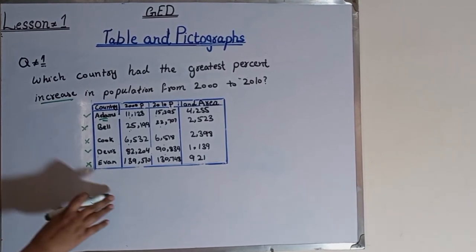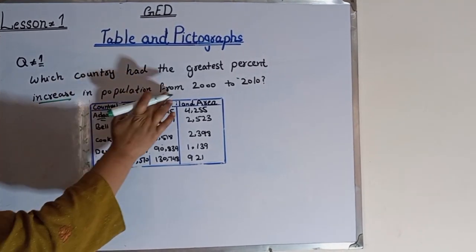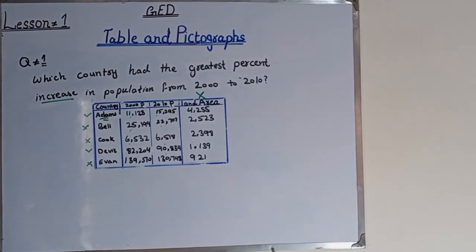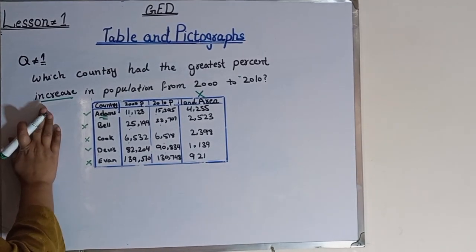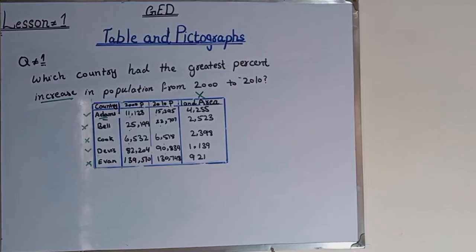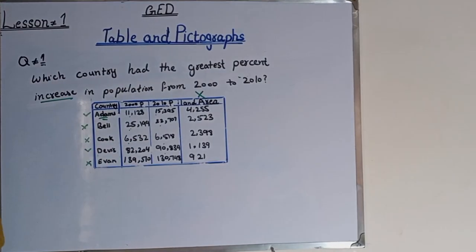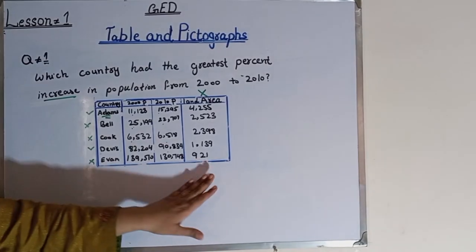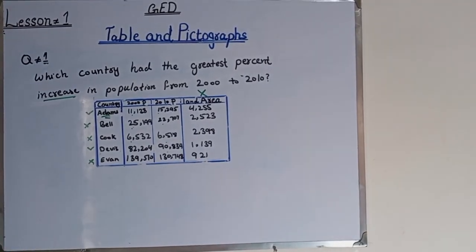We only see the population in 2000 and 2010. We can't use the land area because our question doesn't require it. So we will only see 2000 and 2010. Ignore extra columns if they are not required. It's an extra column, so we will ignore it.